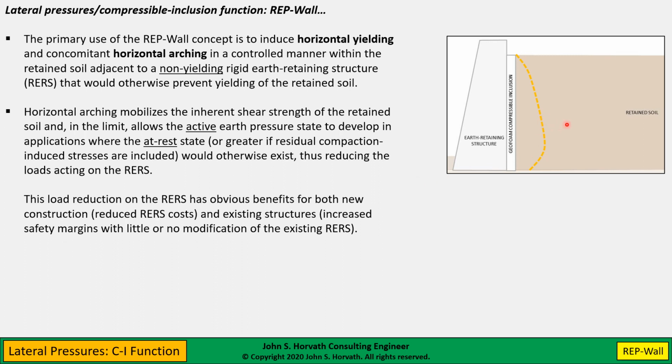Well, this load reduction from the at-rest state with compaction stresses to the active state has obvious benefits for new construction. Obviously, you reduce the cost of the earth retaining structure. Or if you have an existing earth retaining structure, you can increase the safety margins with literally no modification to the existing rigid earth retaining structure.